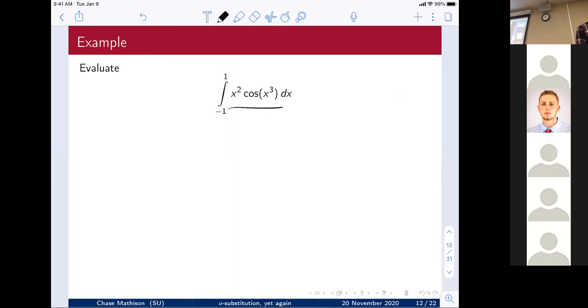All right, so let's do this integral here. If I want to integrate something from -1 to 1, by the fundamental theorem of calculus, I need an antiderivative of that thing inside the integral.